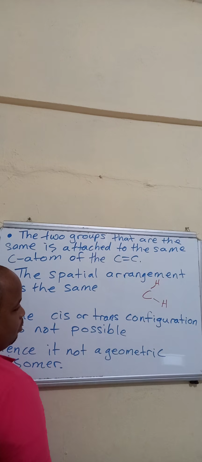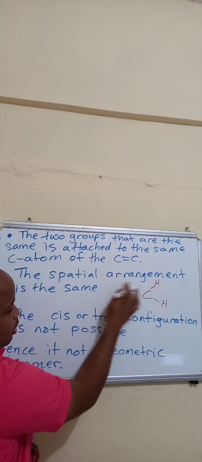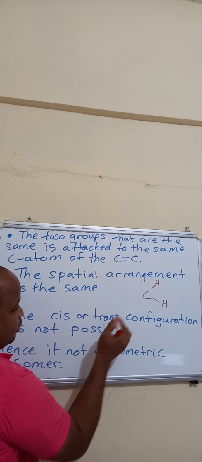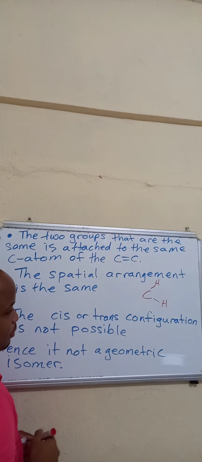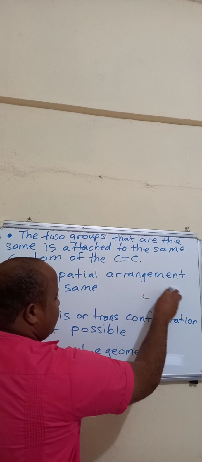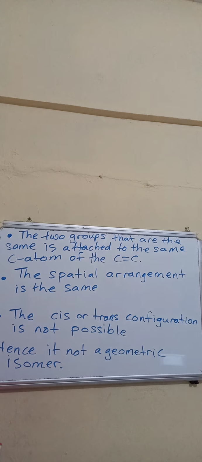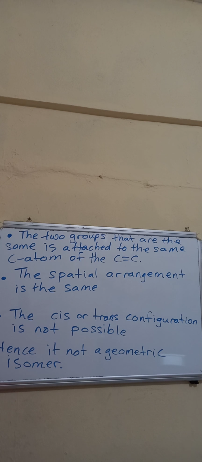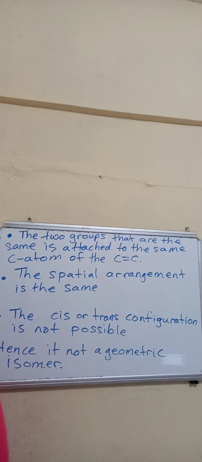Once they're on the same atom, you cannot get them across from each other, right? And so, that's why. So that is it for geometric isomerism. We are going to move on now to the optical isomers, right? So just remember, geometric is only for alkenes.